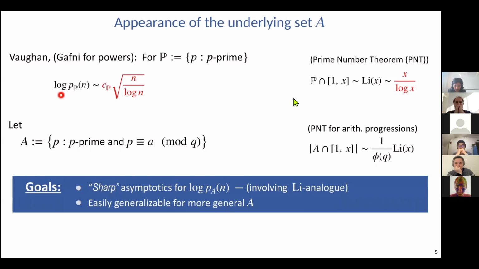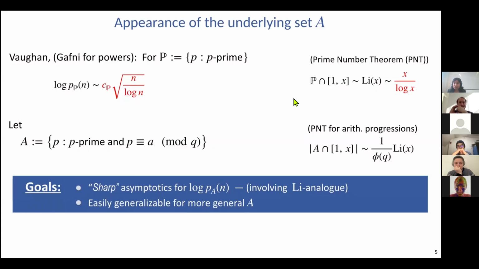So if you want to partition with parts as prime numbers, then you end up getting this constant, which will now depend on the set P, which we don't really care about right now. And again, you have the square root because we are only taking the first power of the prime. And inside you have n over log n.